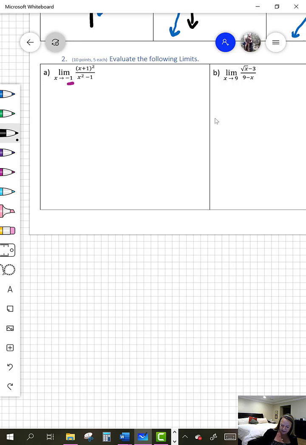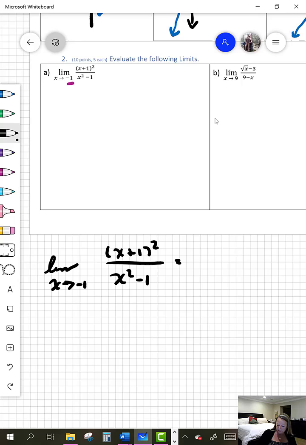And so if we do that, we get back (-1 plus 1) quantity squared all over (-1) quantity squared minus 1.